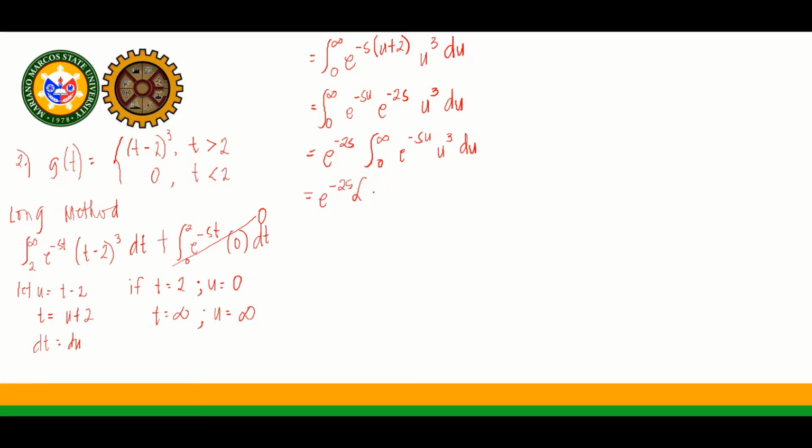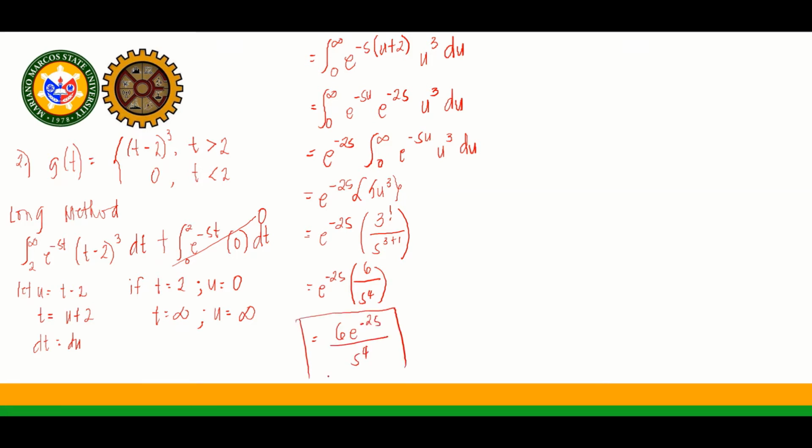So this will be equal to e raised to negative 2s times the Laplace of u cubed, which is 3 factorial over s raised to 3 plus 1. And what is 3 factorial? That is 6. So this will be 6 over s raised to 4. So our final answer is 6e raised to negative 2s over s raised to 4. This is our final answer for the long method in example number 2.